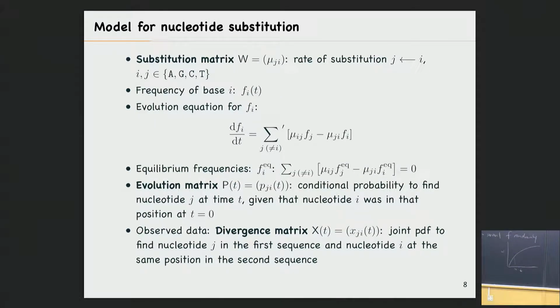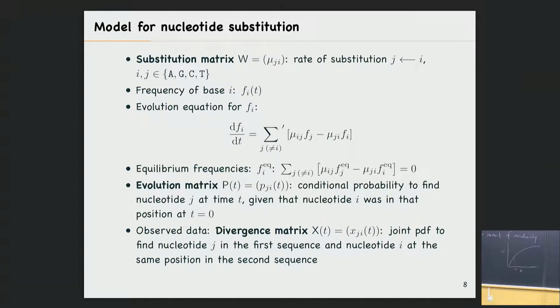Okay, so how do you describe this nucleotide substitution? Imagine that you're looking now at a particular site in the sequence, and then you say, well, okay, what is the rate of substitution of a given nucleotide?